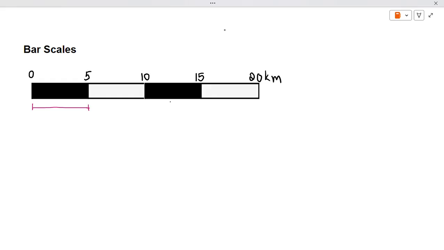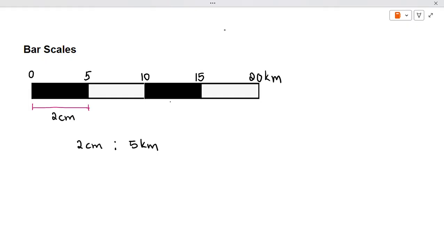So let's say you're using centimeters, you're going from 0 to 5, and it works out to 2 centimeters. So you're going to say 2 centimeters to 5 kilometers.